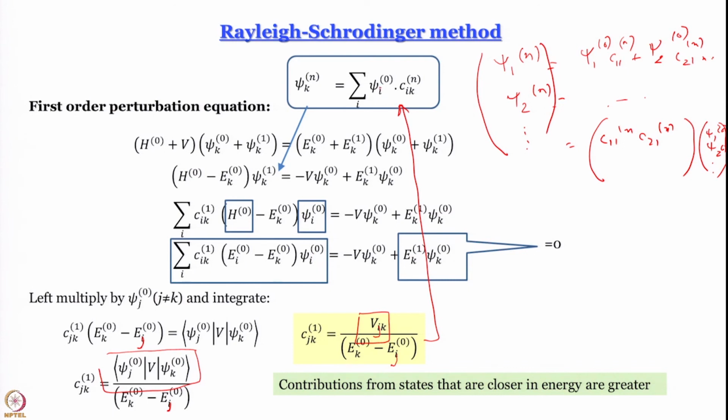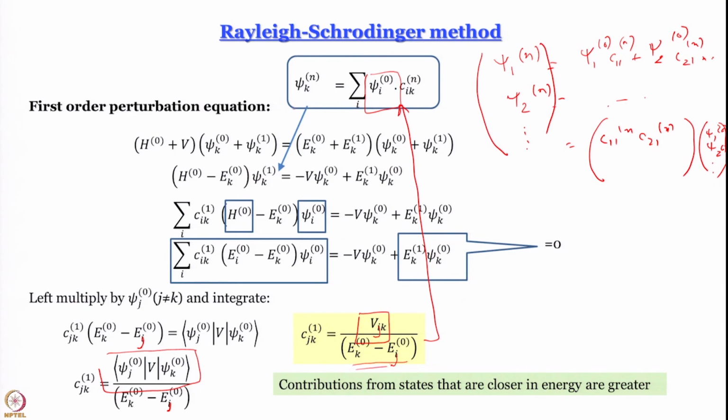This coefficient is essentially the coefficient for some particular unperturbed wave function, alright. So, what we are saying here is that this coefficient is going to blow up when the energies are close.